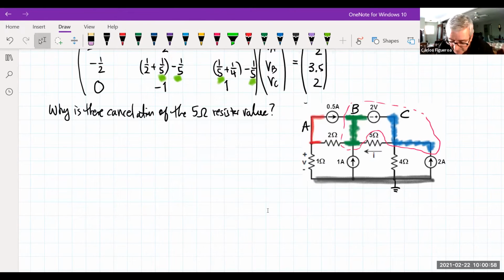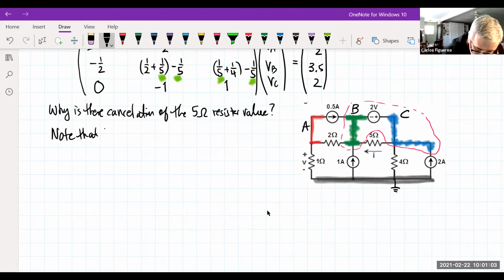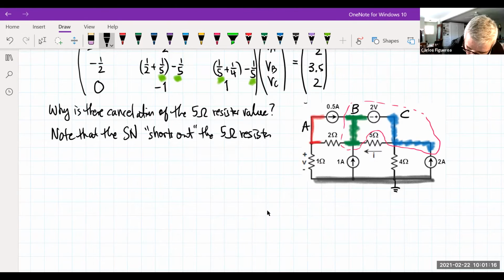What's unusual is that the supernode shorts out the 5 ohm resistor. In other words, when I look at this 5 ohm resistor here, what you're really seeing is that this supernode has all the same supernode potential across that thing.